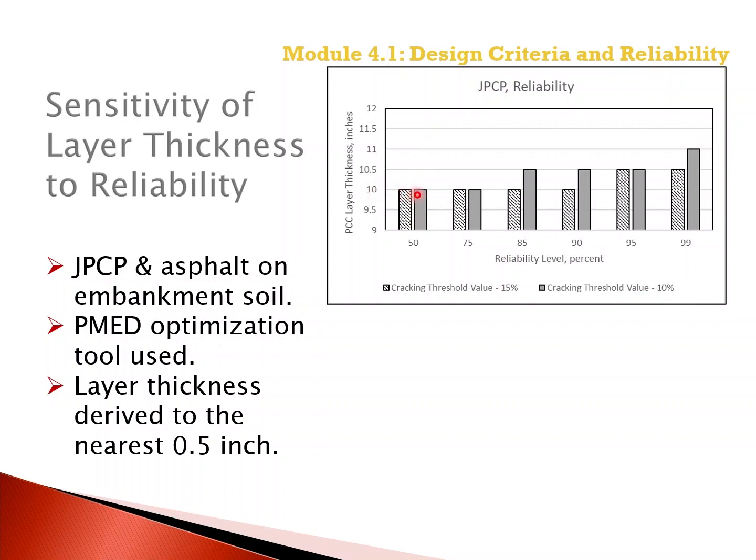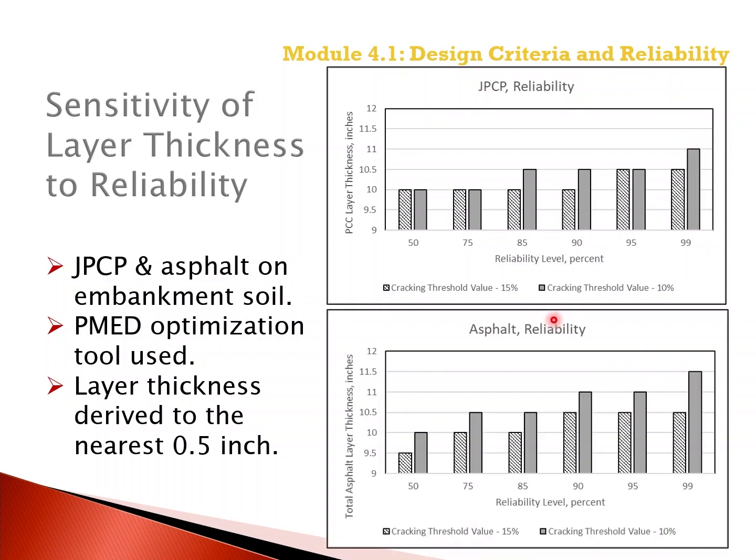And this is the minimum thickness through the optimization tool that is the outcome of the Pavement ME software. And again, you can see we're going from 10 inches all the way up to about 10.5 for 15% cracked slabs to about 11 inches for a 10% cracked slab threshold value.